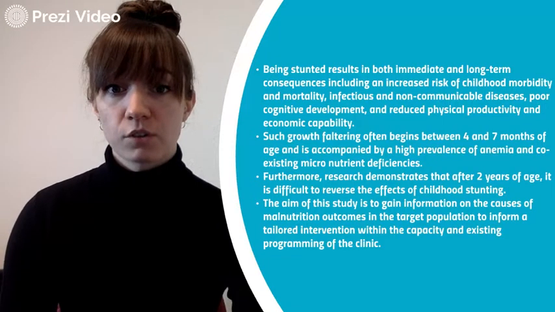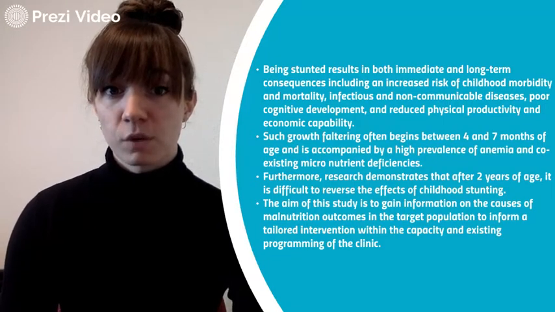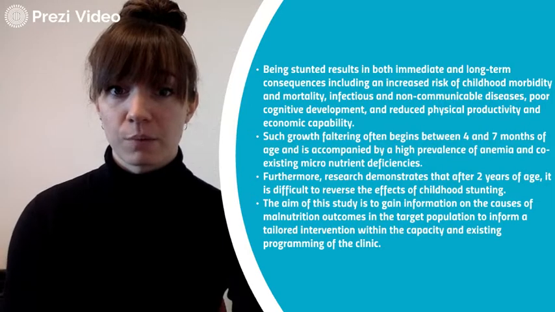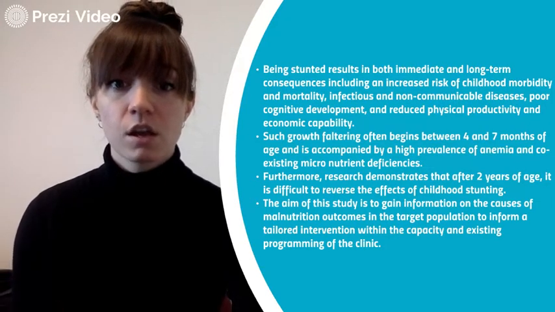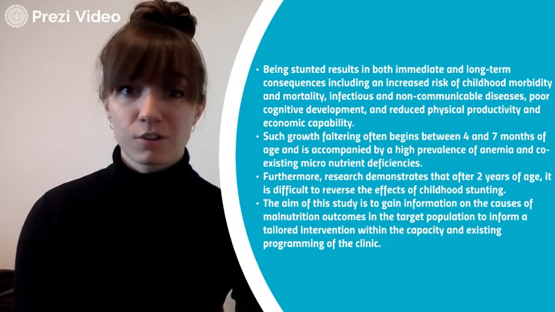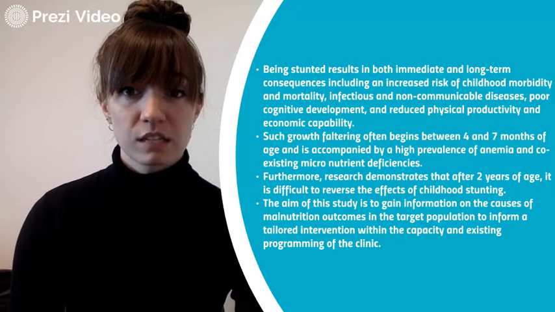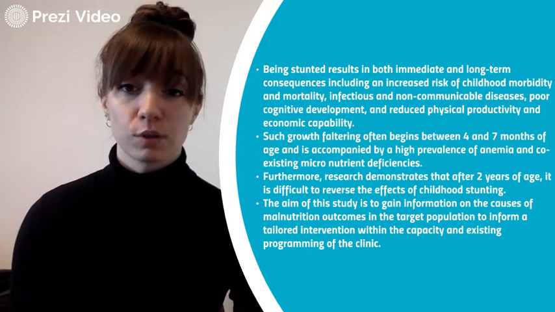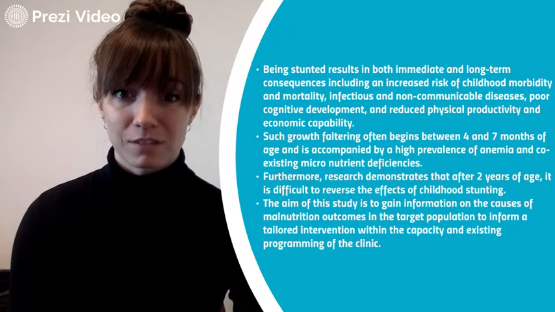Such growth faltering often begins between 4 and 7 months of age and is accompanied by high prevalence of anemia and coexisting micronutrient deficiencies. Furthermore, research has shown that after 2 years of age, it is difficult to reverse the effects of childhood stunting, and after 5 years, it's virtually impossible because you can't make up that deficit in growth anymore.